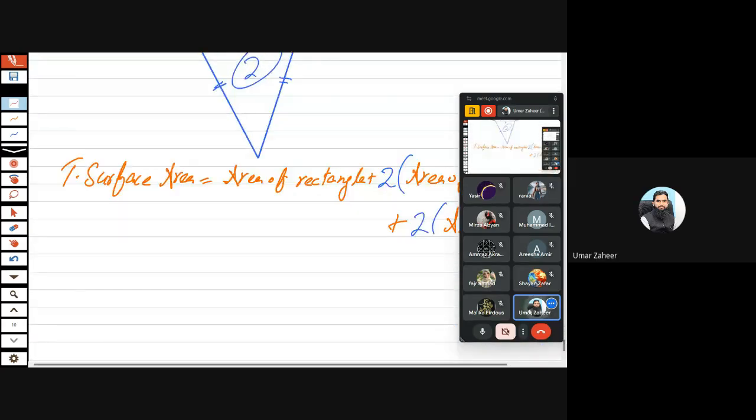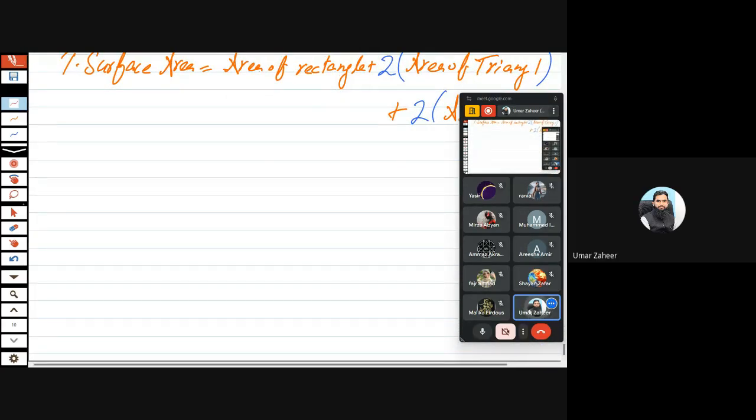All right. Now one more shape here that is not mentioned here, that is a cylinder.